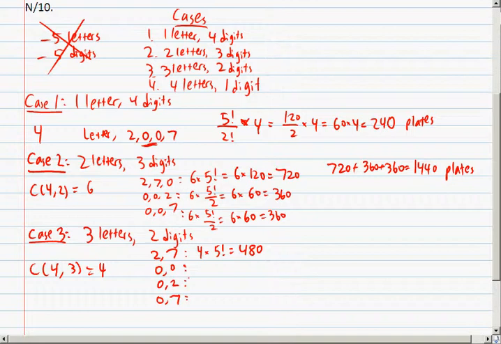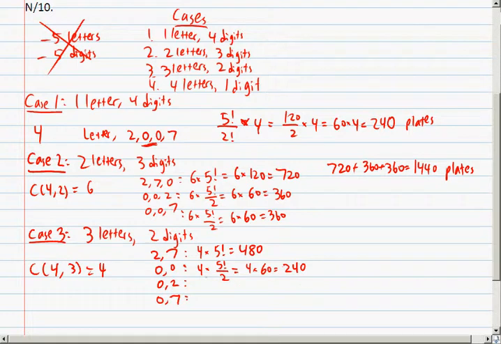Now, if we have 0, 0, and 3 distinct letters, then we would have 4 times 5 factorial divided by 2, because of the 4 ways to choose 3 letters plus the 2 identical zeros. So in this case, we have 4 times 60, which is 240 plates.